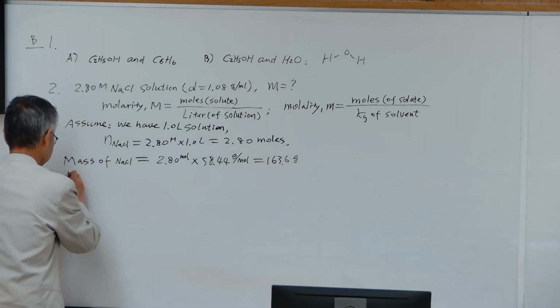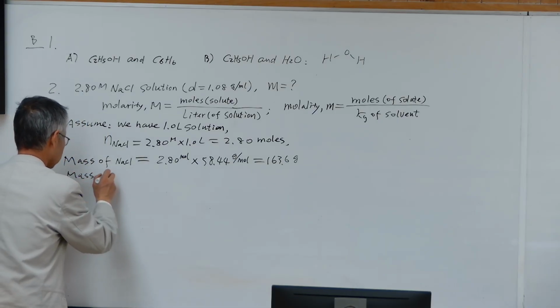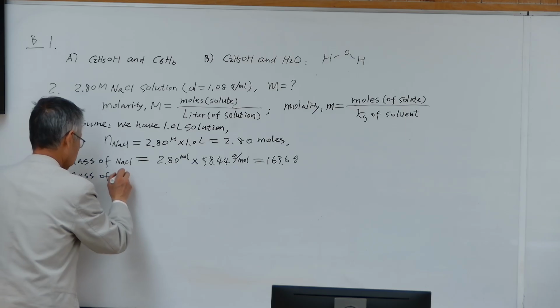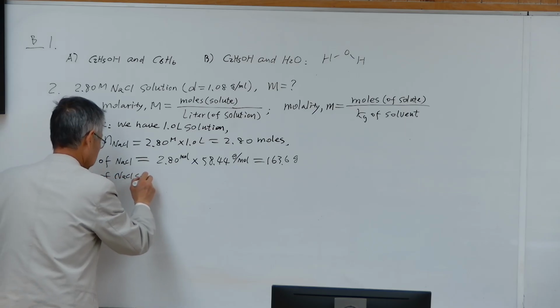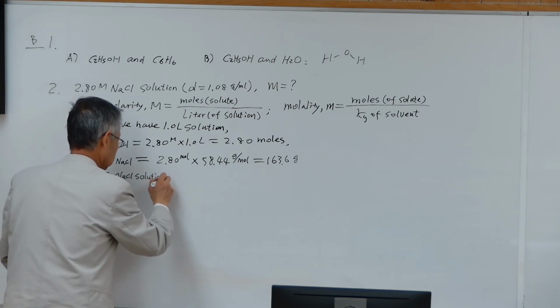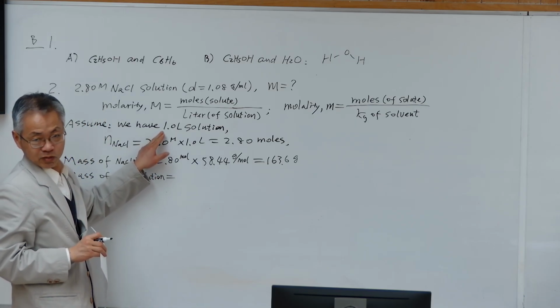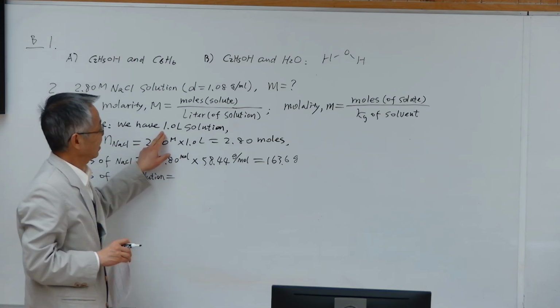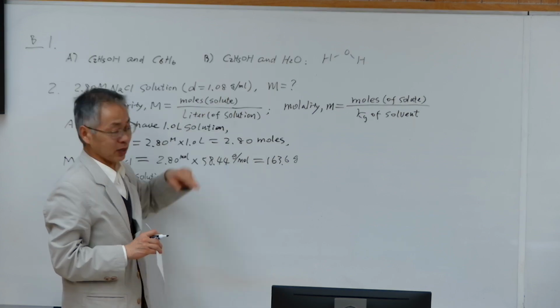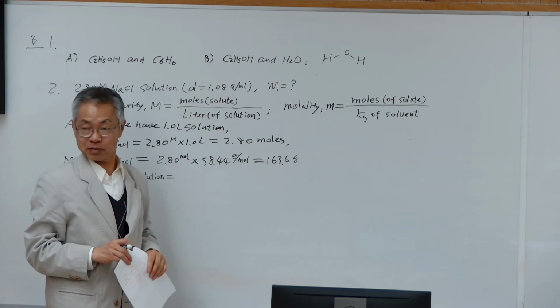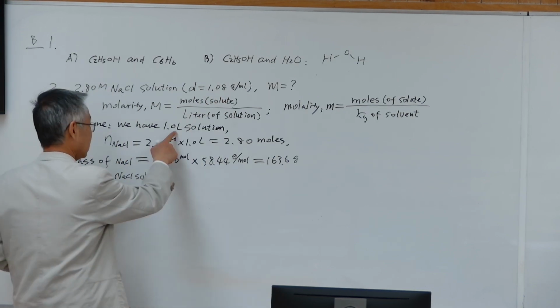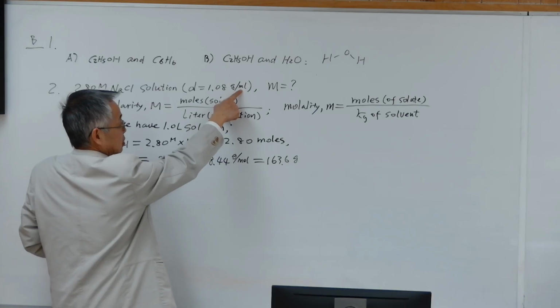Then we can find the mass of solution. Because the volume is 1 liter and the density is in gram per milliliter, volume times density is mass, right? But this liter you need to convert to milliliter because the density has milliliter.